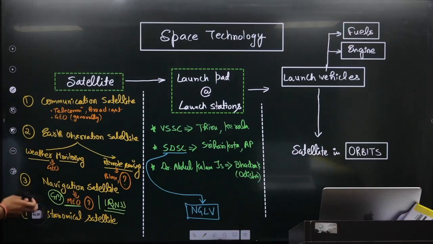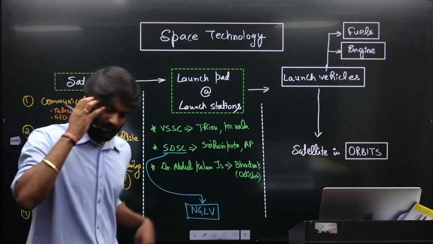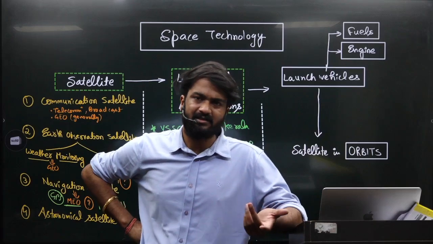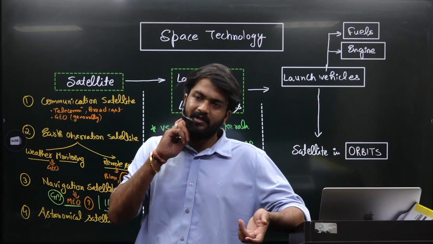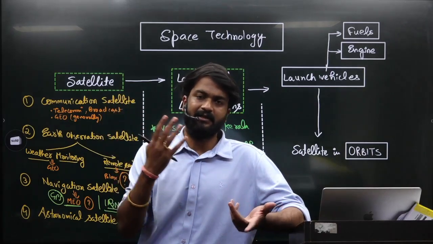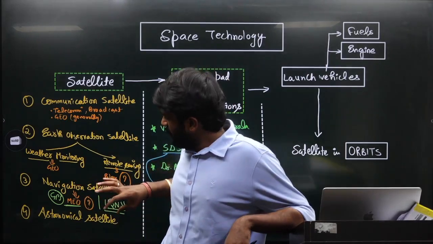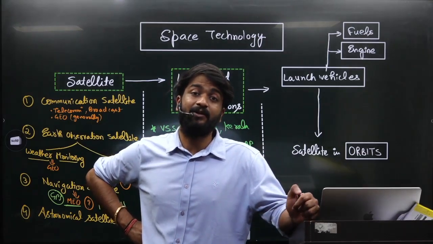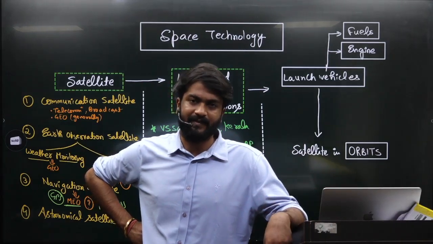Okay. Now beta, astronomical satellites. If you have done the astronomy with me, you know what I mean by astronomy. When I talk about astronomy, it's all about stars, universe, black hole systems, merger of stars, dark matter, dark energy, etc. So the major role of these satellites will be to study the electromagnetic spectrum. If you remember the entire electromagnetic spectrum, okay?